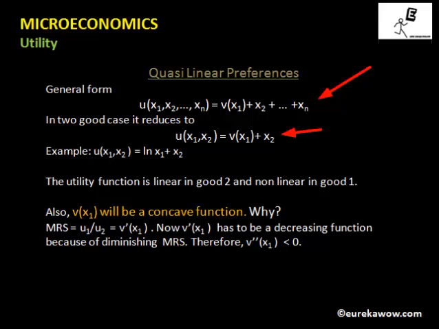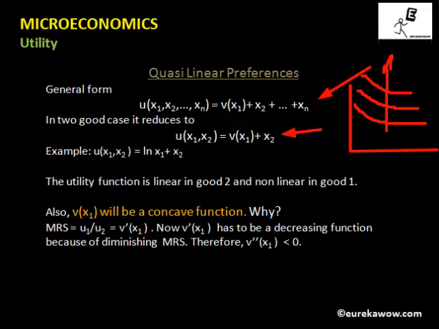When the utility function is linear in good 2 and non-linear in good 1, we say that the indifference curves are vertical shifts of each other. So if we draw the indifference curves, and this is one indifference curve, this will be the second, this will be the third, and they will be vertical shifts of each other.